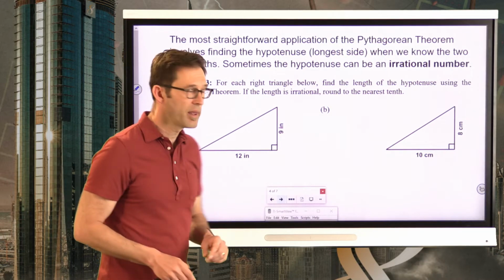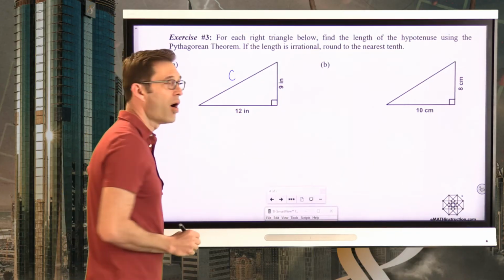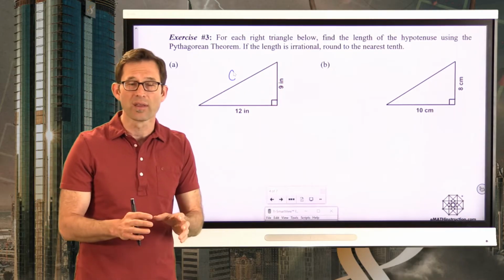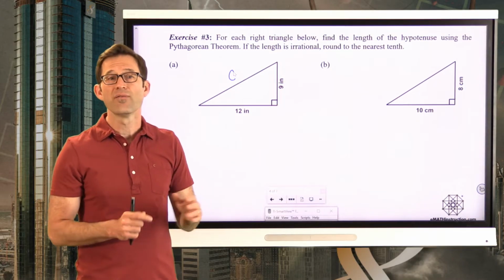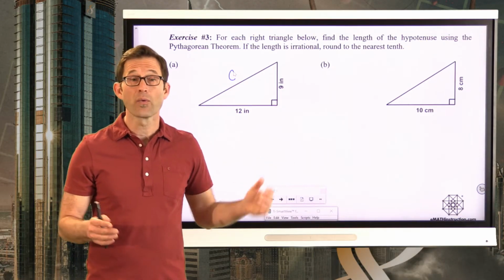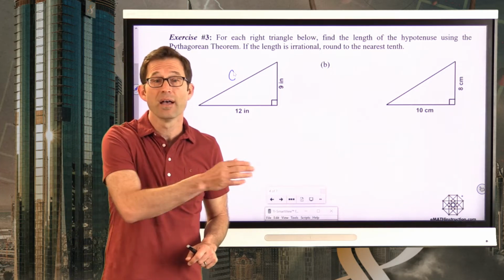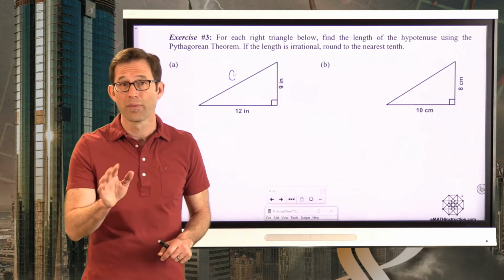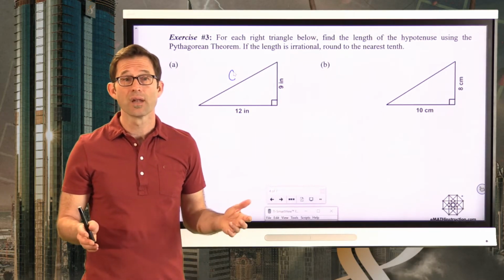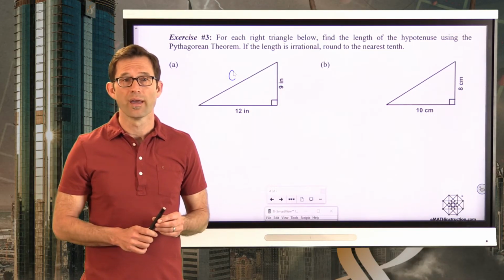All right, what I'd like you to do is try to do what we just did in the last problem on letter A. Take your 12, square it, your 9, square it, add them together, get that sum, then find its square root to figure out the value of C. Now, if it turns out to be irrational, and you'll know because when you take that square root you get some kind of messy decimal answer that goes on forever without repeating or terminating, just round it to the nearest tenth. On the other hand, if it's a nice number, just put down that nice number. Pause the video now and see what you can do on letter A.